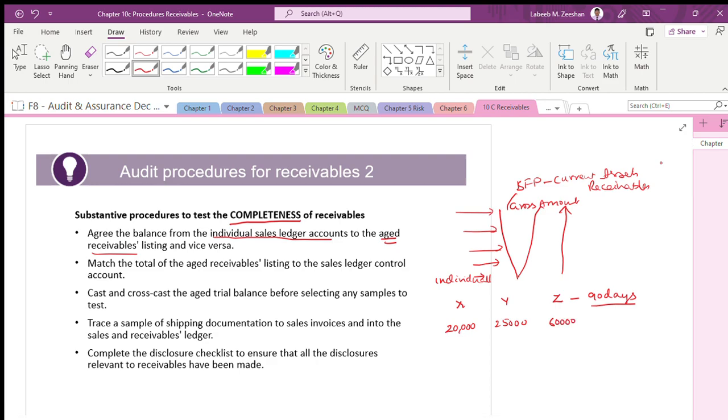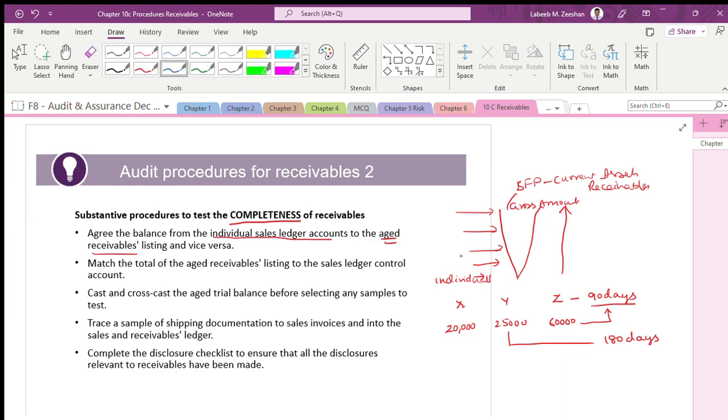He is not only having 60,000, he is paying at 90 days. Fine, no problem. Nothing will happen. But one of the customers has not paid for almost 180 days. Listen carefully, understand the point. It's very easy.